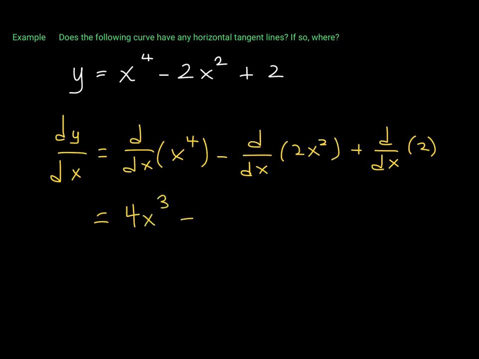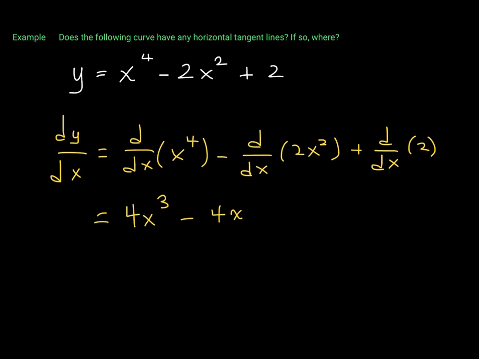Minus, and I'm going to use the constant multiple and the power rule to say that the derivative of 2x squared is simply... This 2 here in the power would come down. Oops, I made a mistake. Sorry about that. When it comes down, it's 2 times 2, which is 4, and now x to the power of 1, because 2 minus 1 is 1. Moving on, this is plus 0, because the derivative of a constant is just 0.